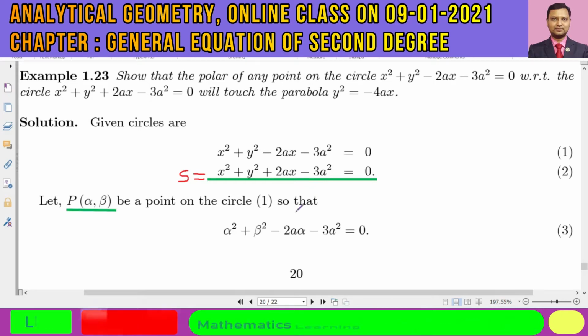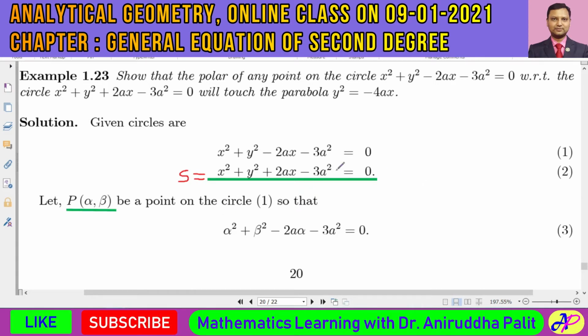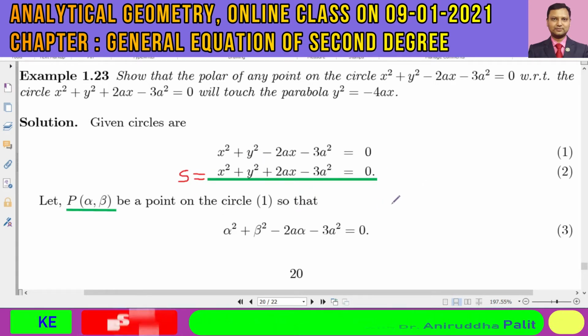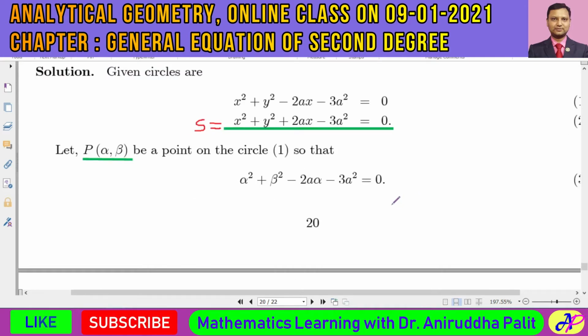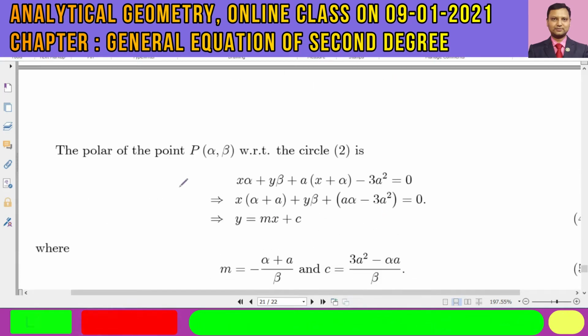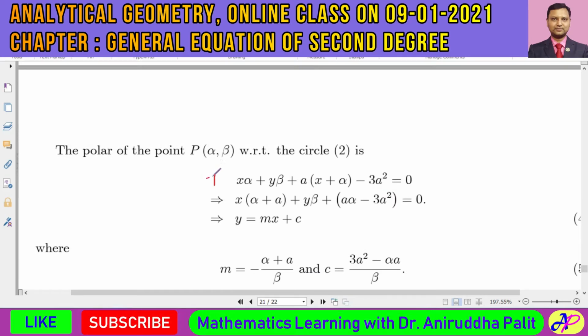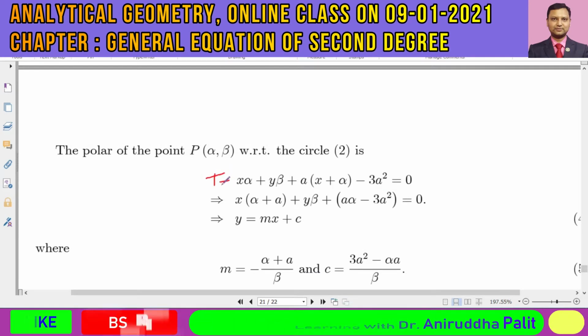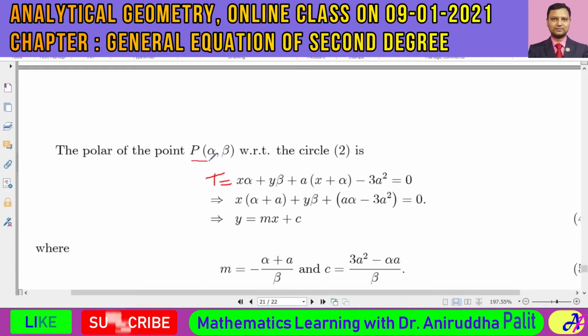And with respect to this curve S is equal to 0, this second circle, we have to find out the polar. We know that the equation of the polar is T is equal to 0. This is the expression of T, T is equal to 0 evaluated at the point alpha comma beta.